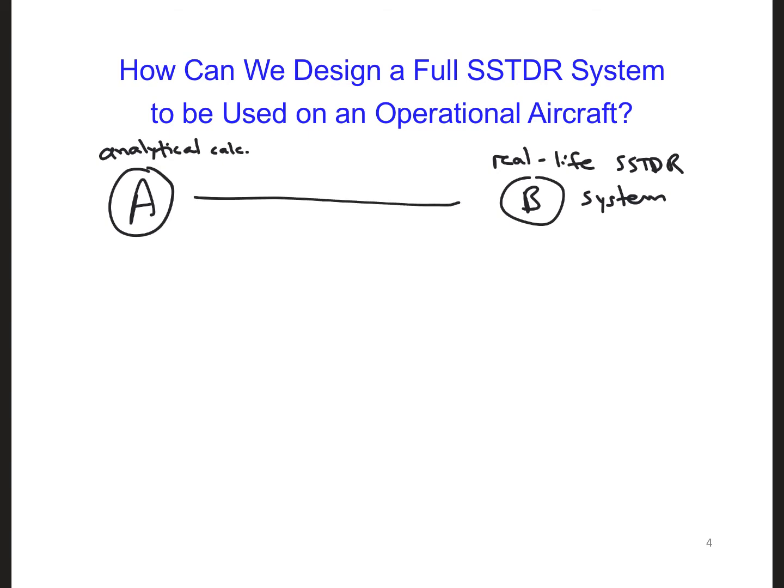So how do we get from point A to point B? Well, on our way to point B, we would probably want to have some sort of proof of concept demonstration. I'll put that here. Proof of concept demonstration.